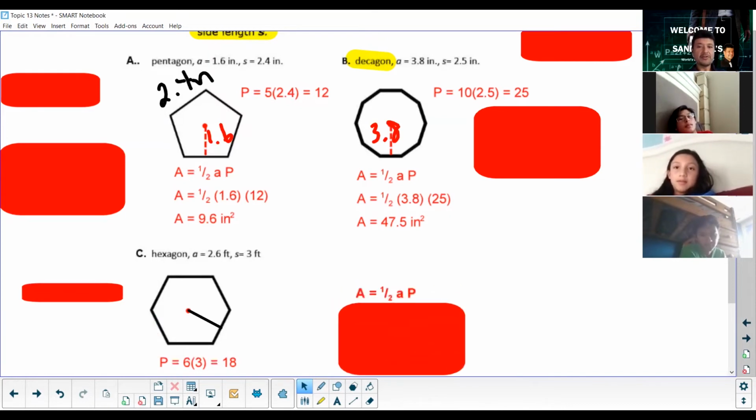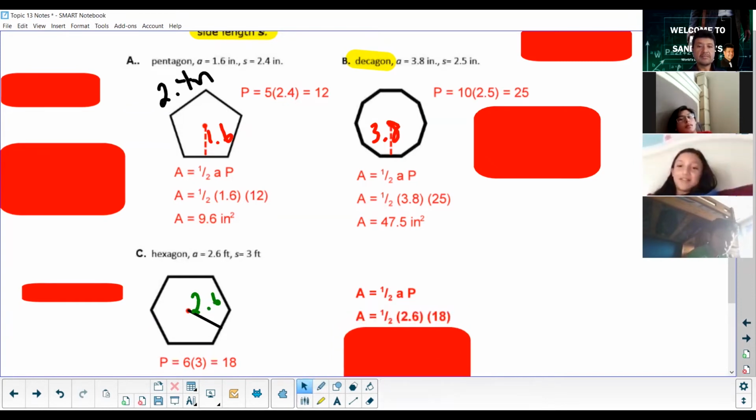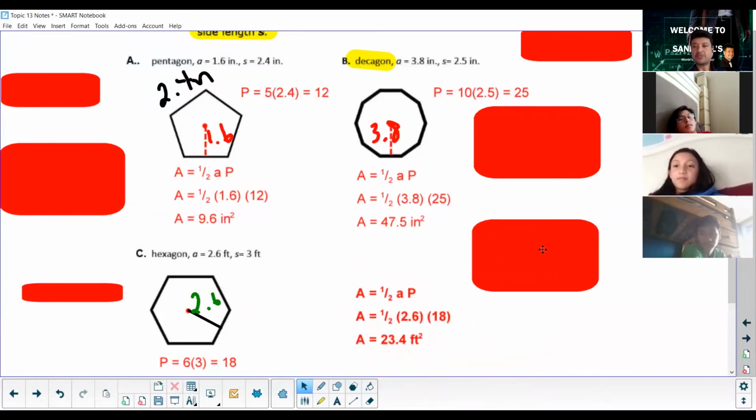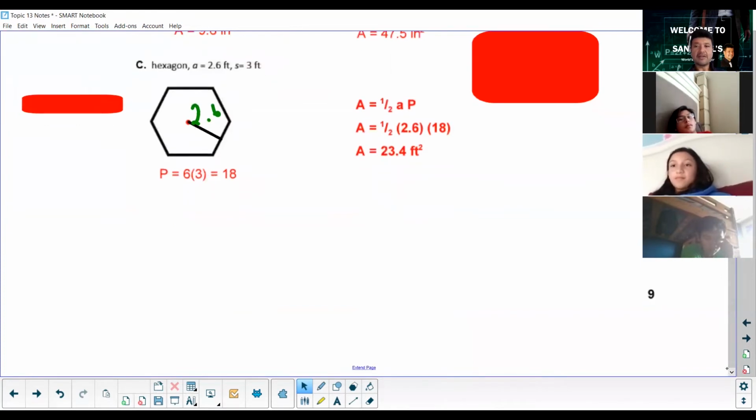And then what else do I do? Then you do 18 times 2.6, and then that half thing. Yeah, that half. Because apothem, and then you divide it by 2, or you multiply by half, 0.5. So as a result, we'll discover that the solution is 23.4. All right, good. Let me scroll down. Okay, that's it for this page.